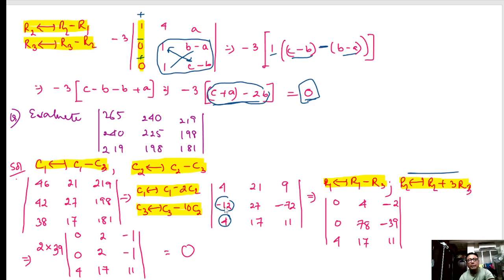So this minus 12 plus 12 is 0, and we will keep it in R2. Similarly, 27 plus 3 times of 17, which is coming 78, and we will keep it here. Minus 72 plus 33 is coming minus 39, we will keep it here.